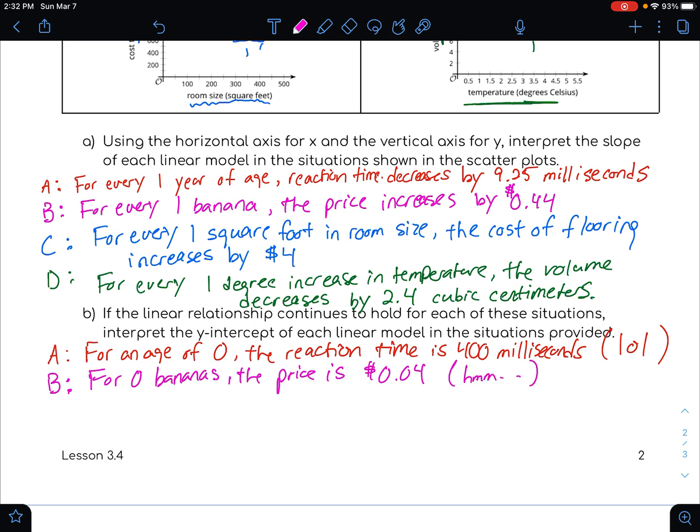So I suppose there could be some startup costs that we're thinking about, like when you're charging for food, maybe there is some packaging cost that you'll build in, so your price doesn't actually start at 0 for 0 bananas. It'll start at a little higher level. But obviously 0 bananas aren't going to cost anything, because you haven't bought anything.